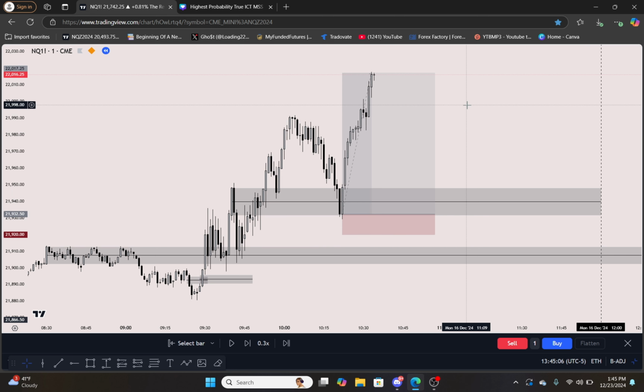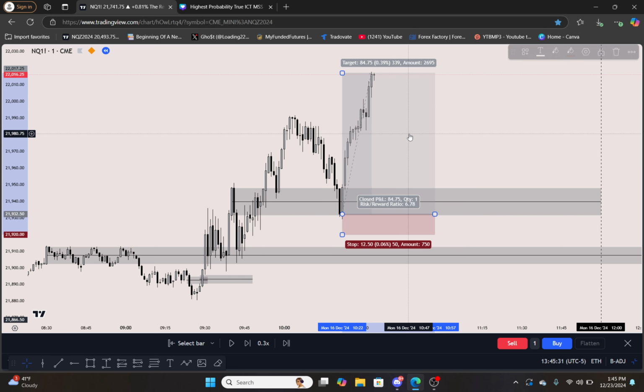Notice you can capitalize on moves like these, waiting until after 10 o'clock. For the most part, the best trades of the day come either after 9:45 or after 10 a.m. Okay, every day, the best trades of the day majorly come from 9:45 to 10 o'clock.